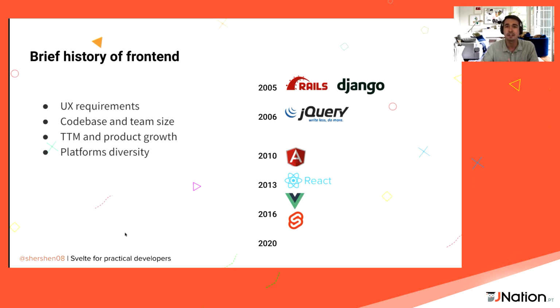So starting in early 2000, the web has become a more and more important platform for e-commerce and social networking and all that. And that gave rise to the first backend centered frameworks like Django and Rails. They're still on stage and they're still great tools for some cases, but the more the pressure was on time to market and quick product growth, the more we had complexity shifting to the front end.